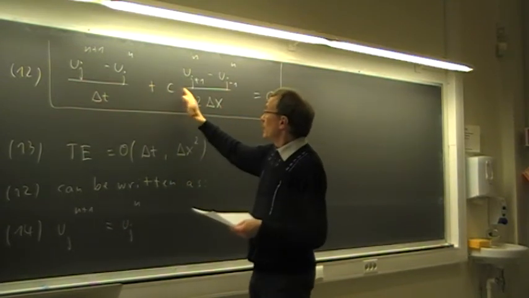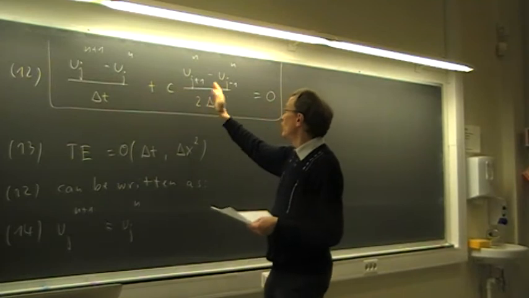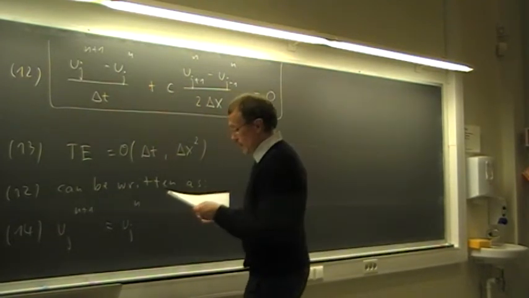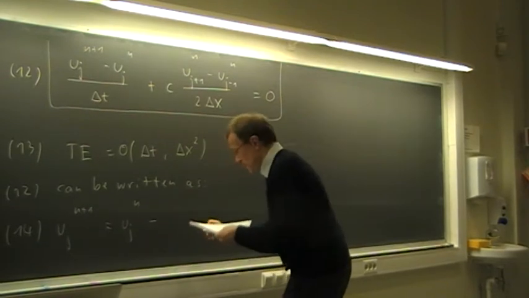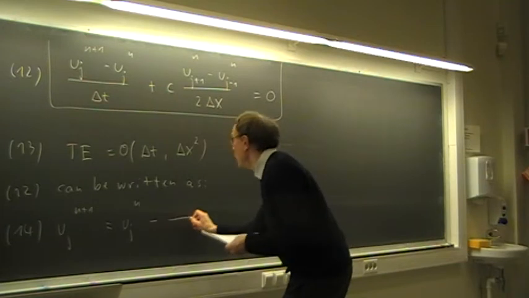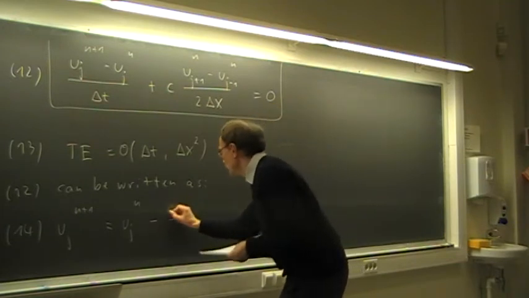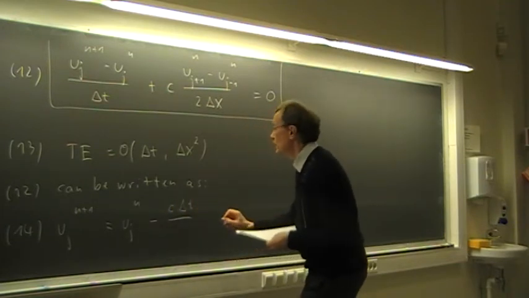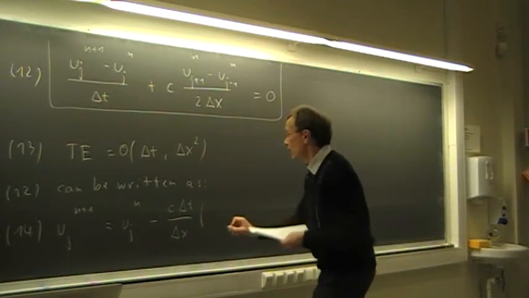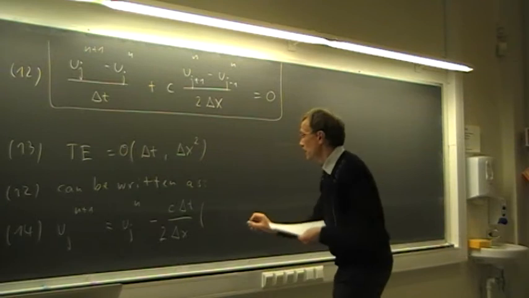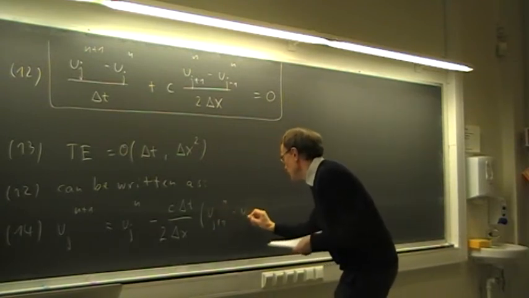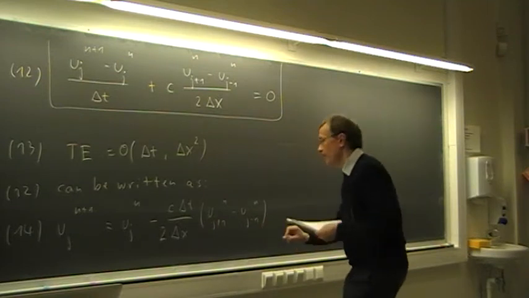Then we multiply by delta t, and we bring this on the right hand side, and we already did this one. And on the right hand side, we'll get then c times delta t divided by 2 delta x, and then we have here u_{j+1}^n minus u_{j-1}^n.